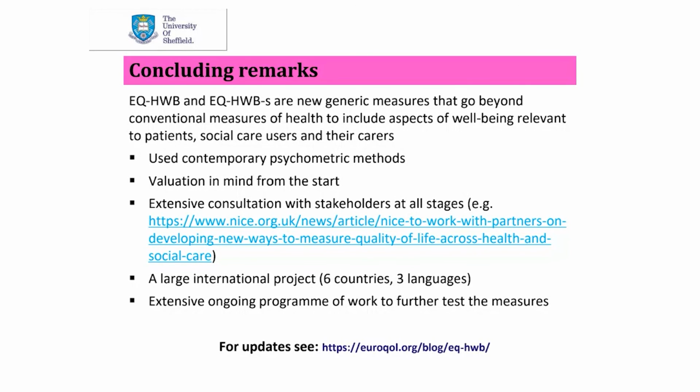So if you're interested in broader impacts, if you're evaluating programs where the well-being aspects are rather more important, then I think this measure does provide a useful alternative to people in that sort of situation. But one of the things we will be doing in the future is looking at how the new HWB compares with EQ-5D and other instruments to better understand when it may be more helpful.